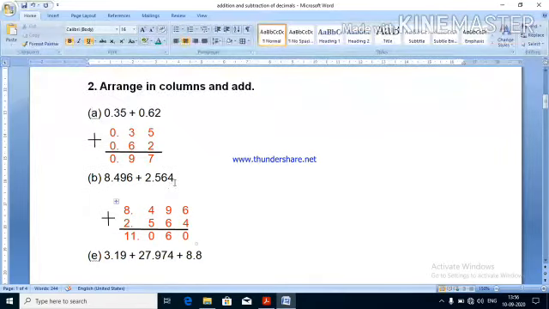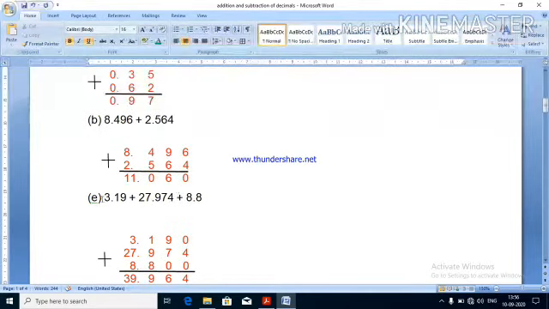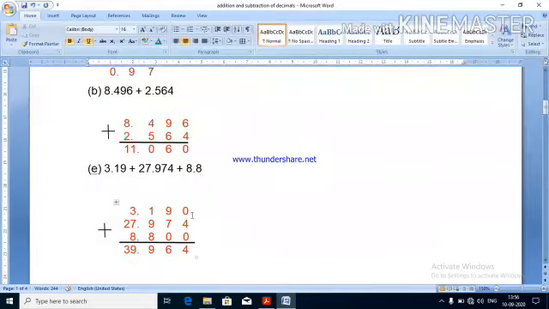Okay, in the second one, 8.496 and 2.564: 6 plus 4 is 10, write 0 carry 1, 9 plus 1 is 10 plus 6 is 16, write 6 carry 1, 4 plus 1 is 5 and 5 is 10, write 0 carry 1, 8 plus 2 is 10 plus 1 is 11, like this. Okay, in the same way, if there are 3 decimal numbers, you have to arrange them in a column and then add.